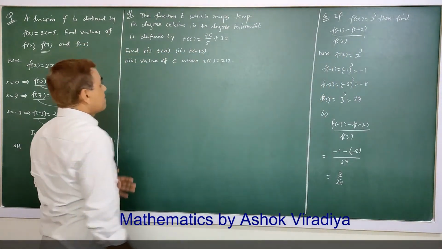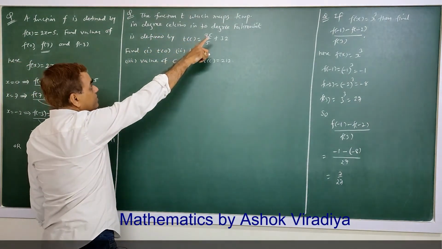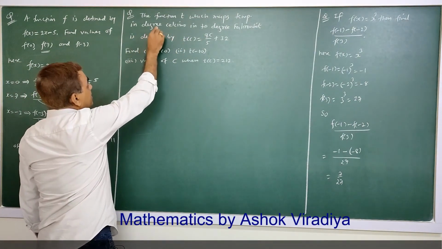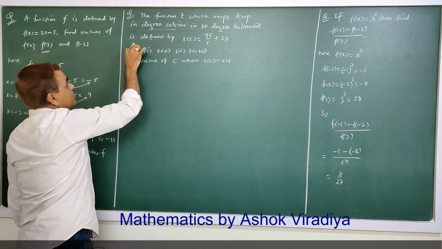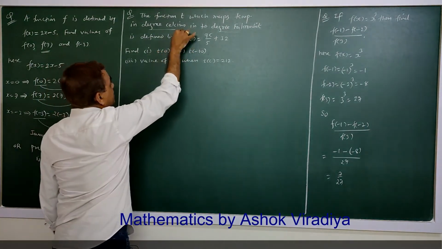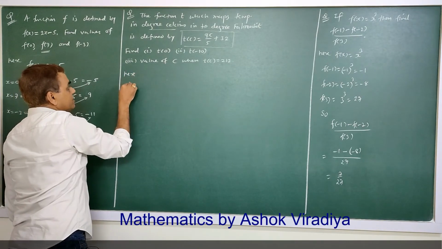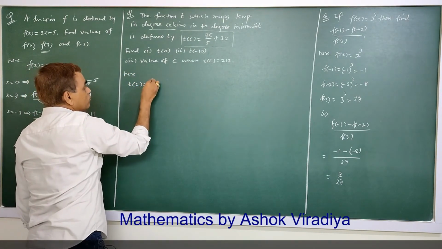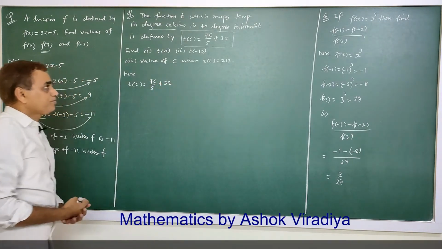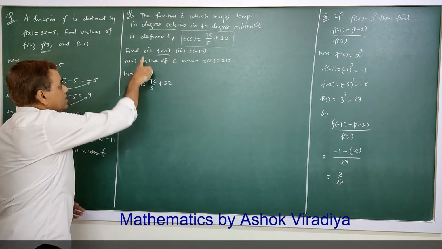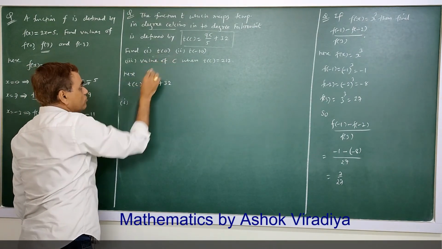In this question, the function T maps temperature in degree Celsius to degree Fahrenheit, defined by T of C equal to 9C by 5 plus 32. Now first question, find T of 0.